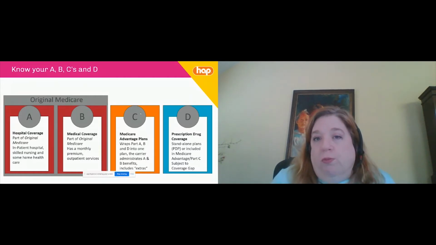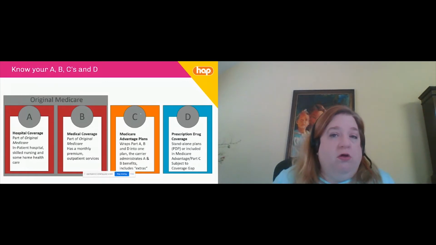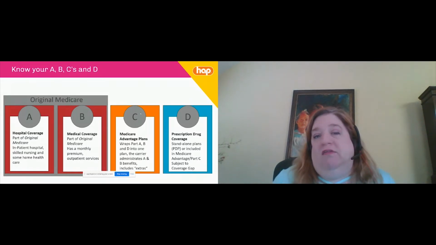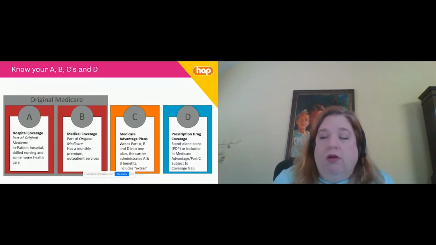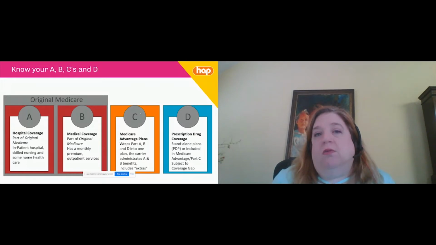In order to help you with that process, the carrier that you select your Part D coverage from, whether it's a standalone prescription drug plan, a PDP plan, or if it is wrapped up in a Part C Medicare Advantage plan, will provide you with a monthly report that will show you how much you paid out of your pocket that month, how much the plan paid for you that month, and how much is counting towards your out of pocket maximum that year to date.